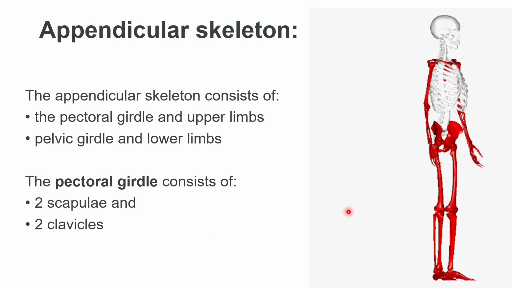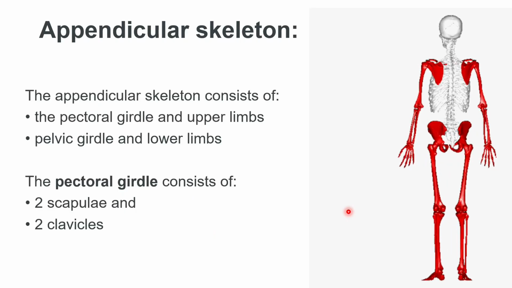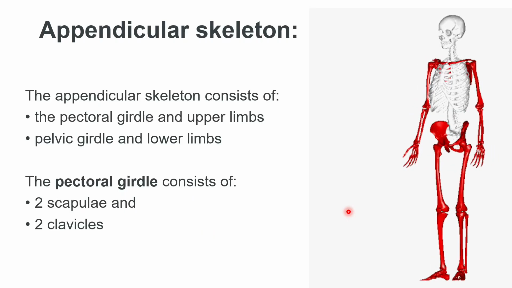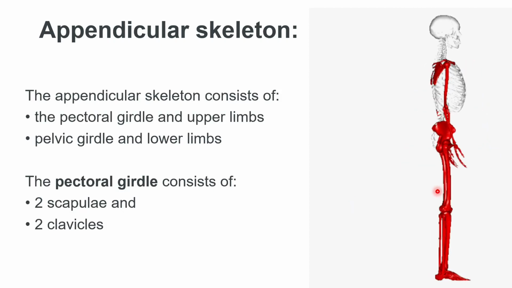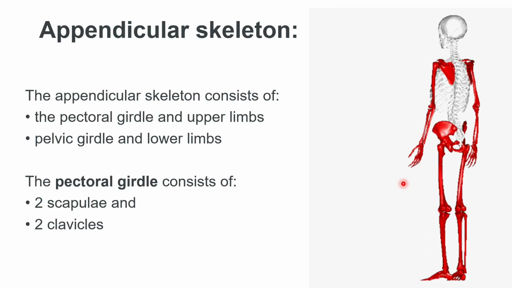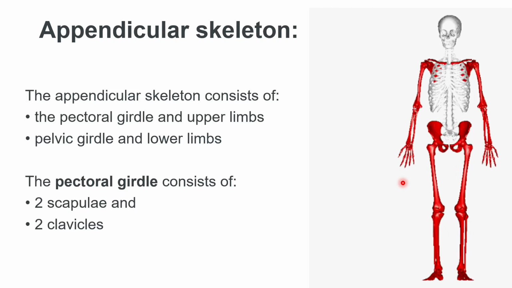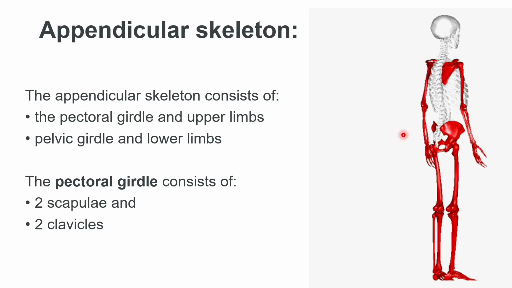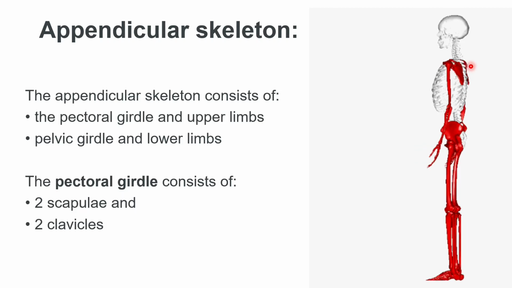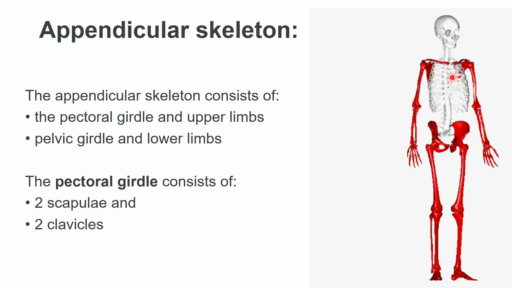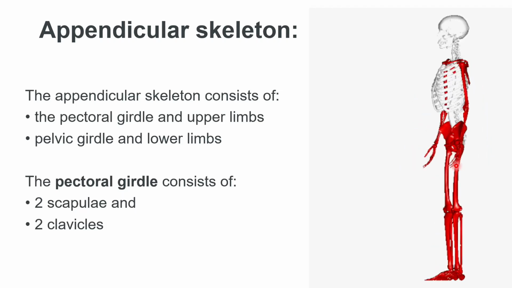Right, then we are at our appendicular skeleton. Once again, it's colored in red, and we can divide it into two girdles. We've got the pectoral girdle, which is the top part and the upper limbs, and then the pelvic girdle and the lower limbs.